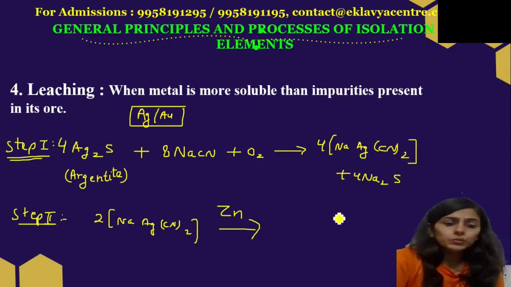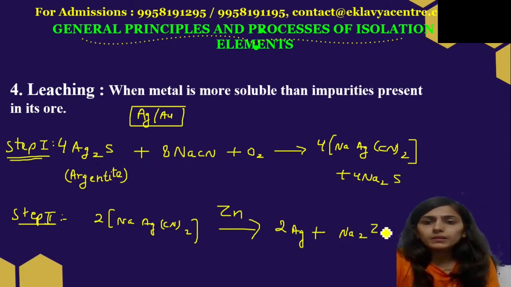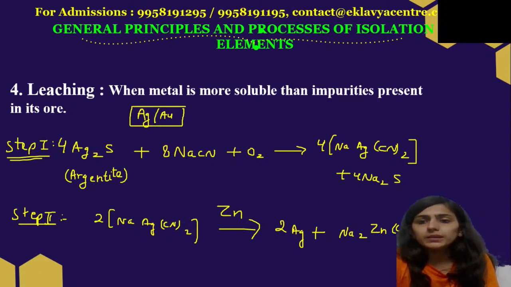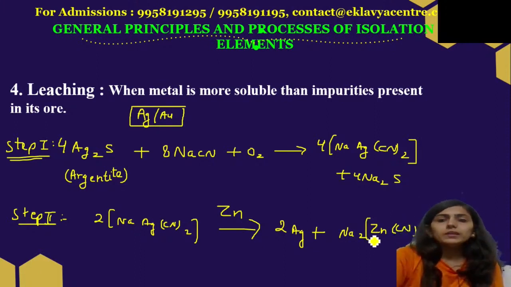So we have to use zinc for the reduction to get our metal back, and Na2ZnCN4 is the complex which will be formed. This is the process of leaching. I hope this process is clear to you.